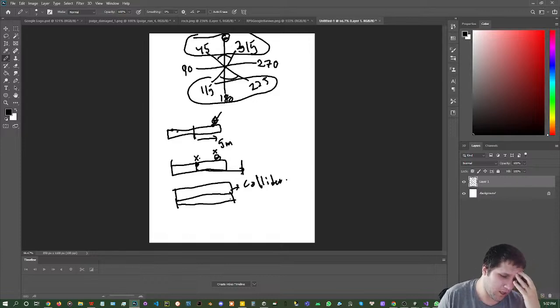And then we can see how far, so here let's say we have x cube and x ball.